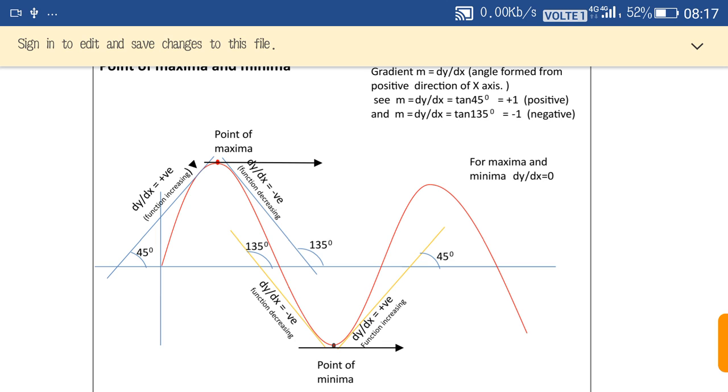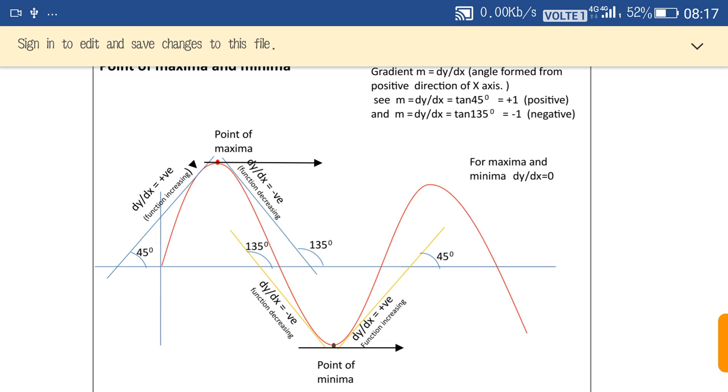So a point of inflection can be easily determined if we take some point less than that value and check f dash x, and similarly take some value more than that value and check f dash x.